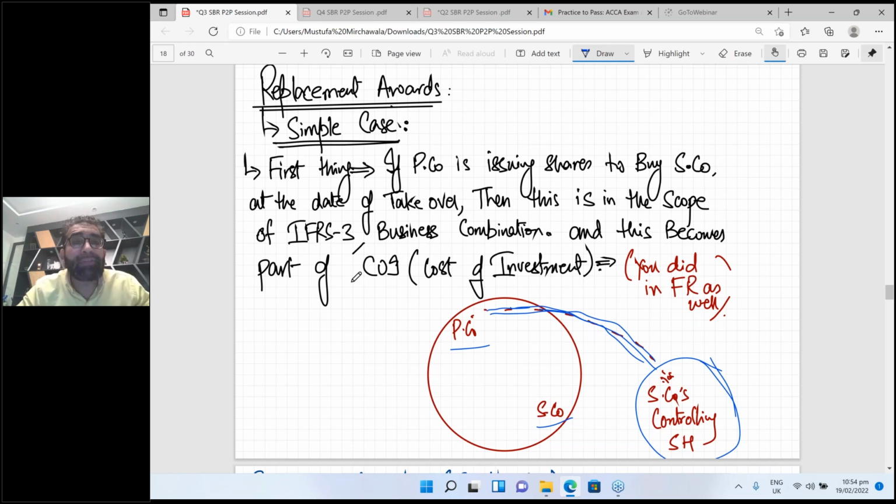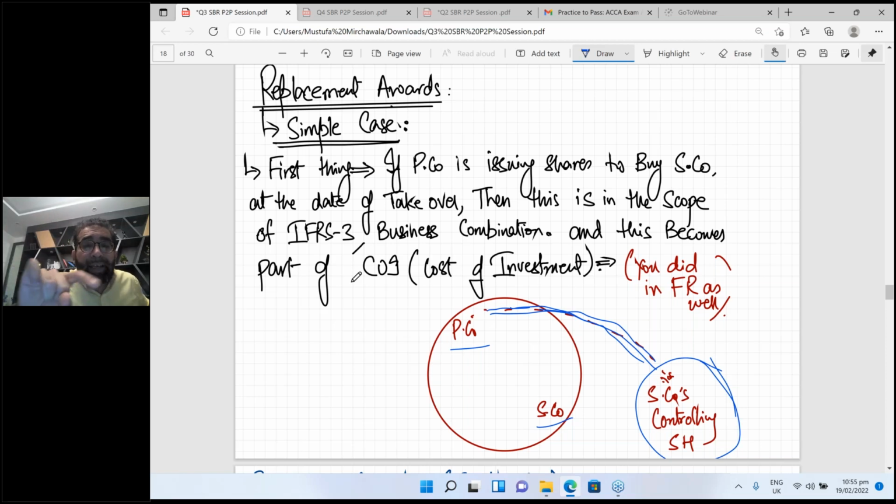So if parent company is paying the price to S company's controlling shareholders in the form of shares, then this is never IFRS 2.